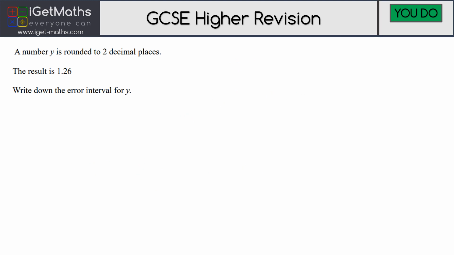Okay, so a number y is rounded to 2 decimal places. The result is 1.26. Write down the error interval for y. So quite simply, again, your unit is 0.01 to 2 decimal places. If you halve that, that will give you 0.005, and for the lower bound, you're going to subtract it.